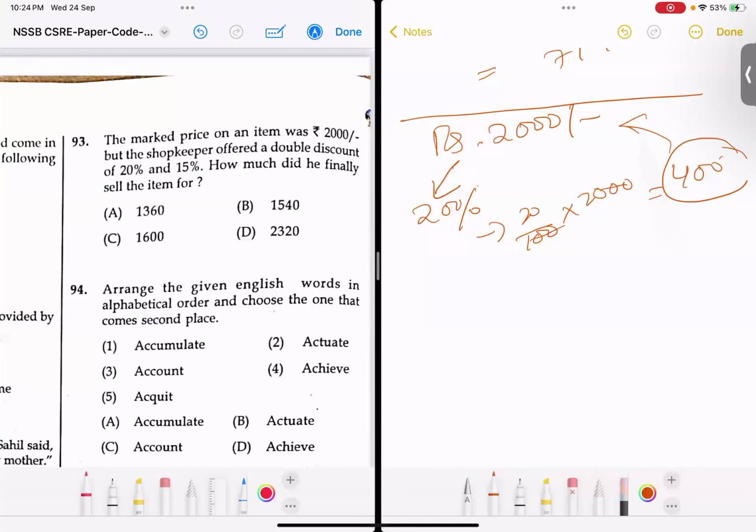So remaining is 1,600. Again, from this, they offered a discount of 15%, which is 15 by 100 into 1,600. So if you calculate this, you'll get it as 1360, okay?